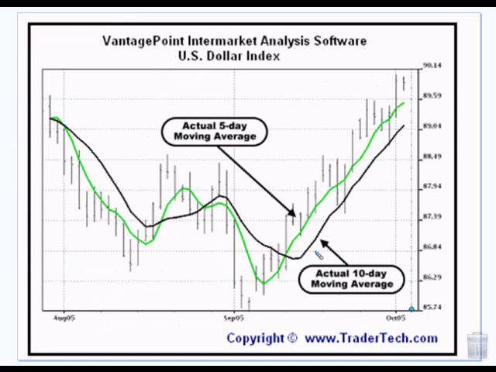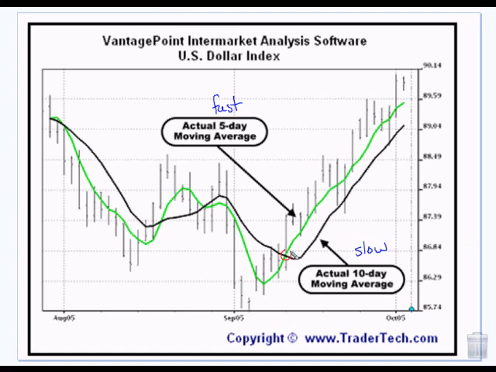All right, so this is what this looks like. Okay, we have a 5-day moving average and a 10-day moving average. You don't have to draw this, but if you want to, you can. So the 5-day is the fast, and the 10-day is the slow.